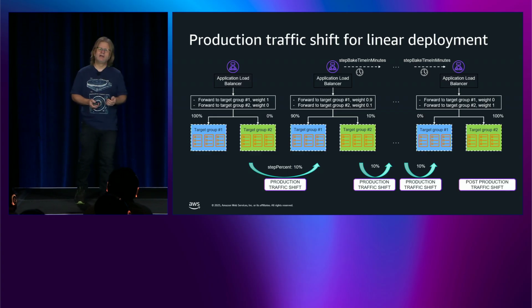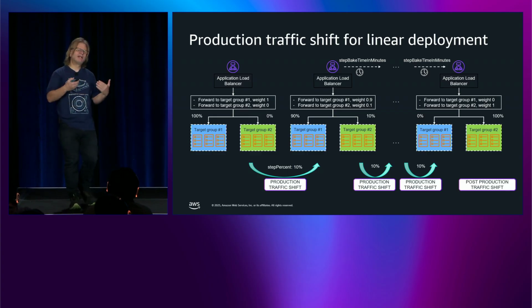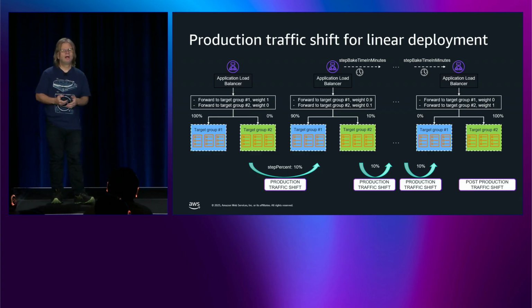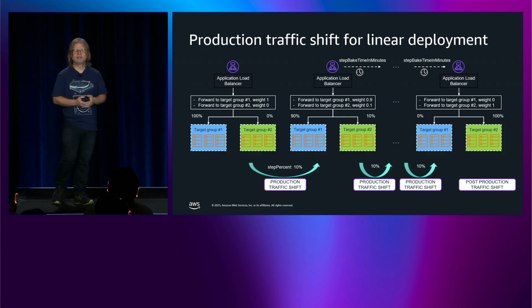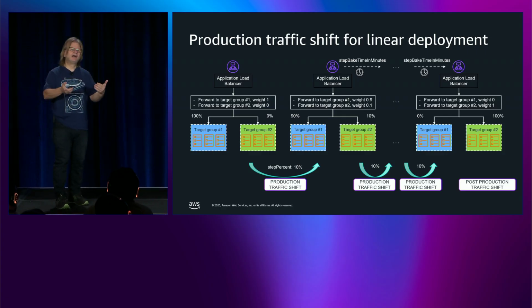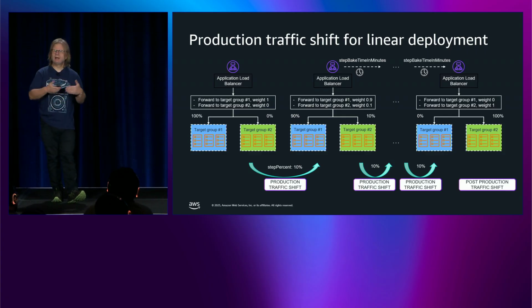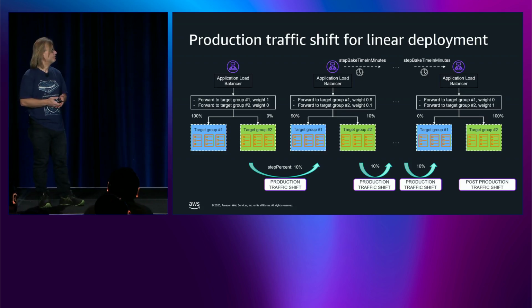In the case of linear, what it allows you to do is have a more gradual sort of rollout of the new service revision while you're monitoring to make sure that any performance and functionality is maintained correctly.